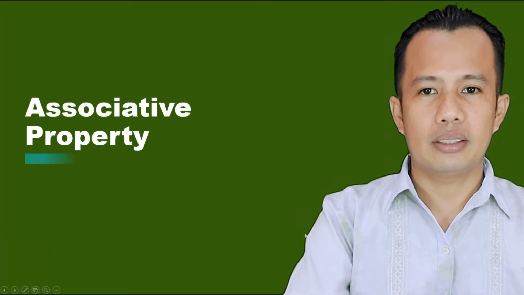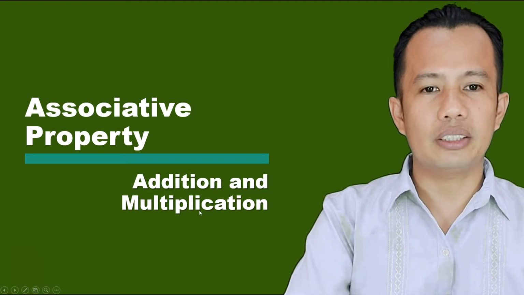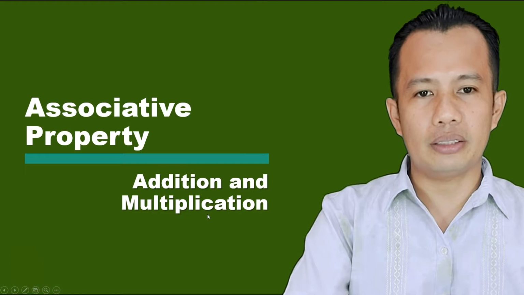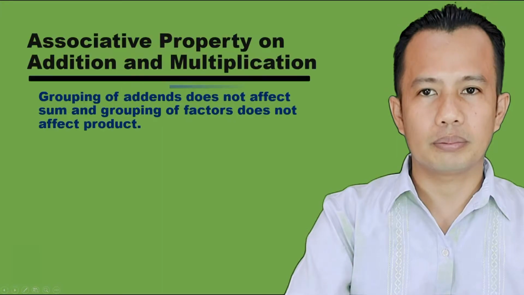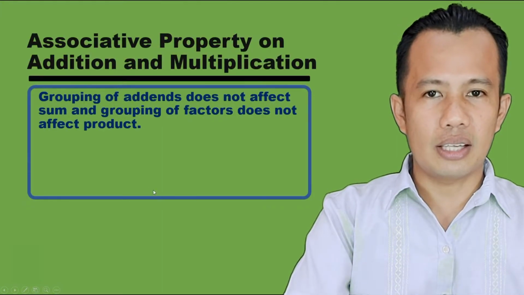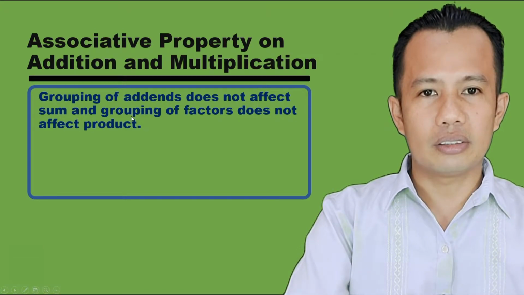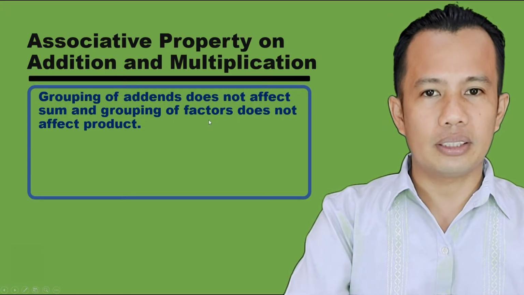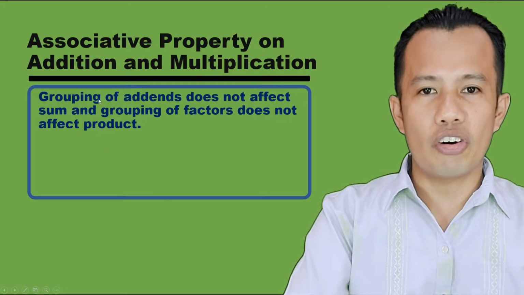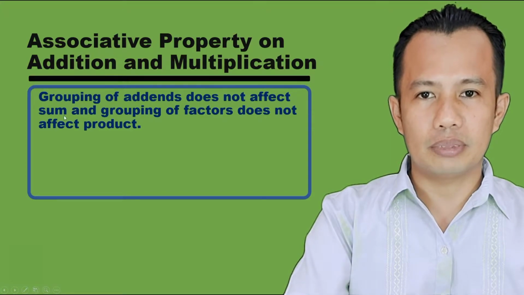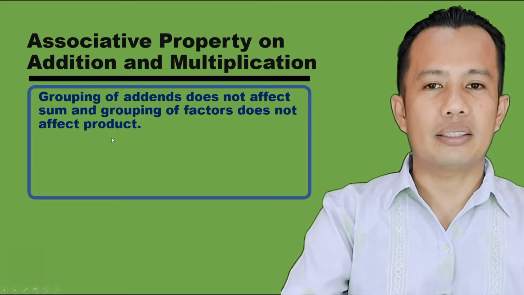Next property, the associative property on addition and multiplication. Take note, associative property is only applicable on addition and multiplication. This states that grouping of addends does not affect sum and grouping of factors does not affect product. In our commutative property, order does not affect sum and order does not affect product.